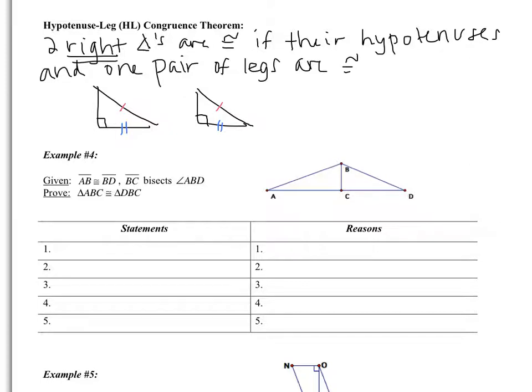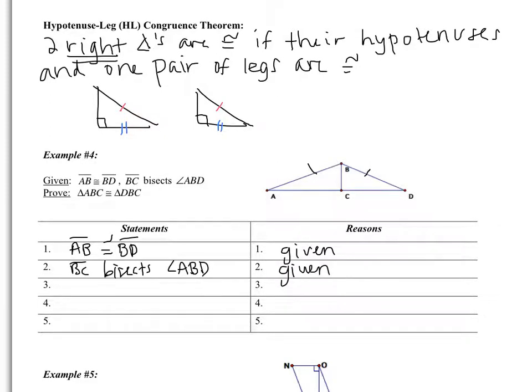I'm going to start by writing the givens. The first statement is AB is congruent to BD, and I'm going to mark that. That's a given. And then I have BC bisects angle ABD. I have to remember, what does it mean to bisect?